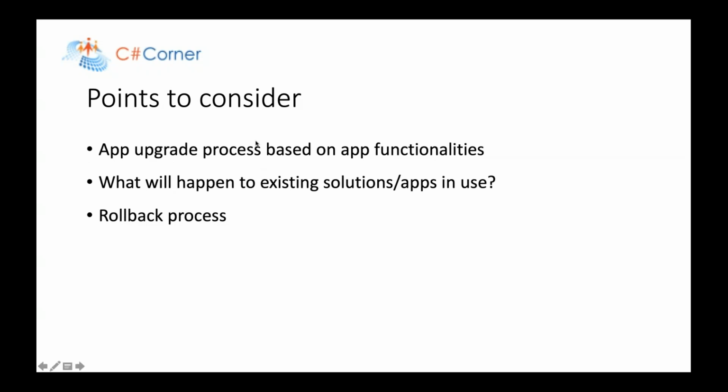Points to consider. The first point: app upgrade process based on app functionality. For example, let us consider WhatsApp as an app, right? There are different features given within the WhatsApp app, but when you deploy such apps in the app catalog, maybe Nilesh may like a feature, but I may not like that feature.